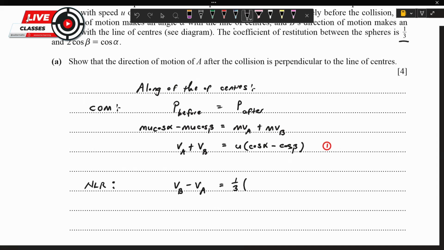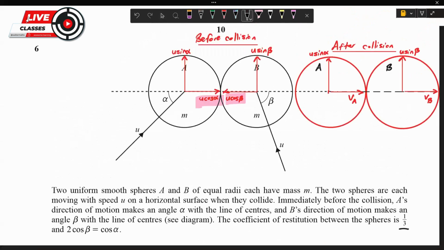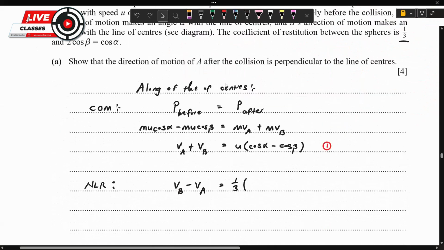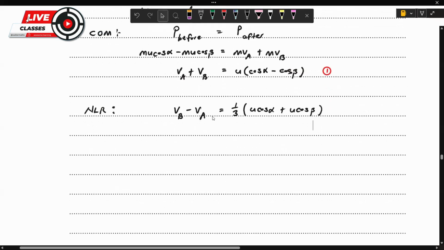So that's a third of U cos alpha minus negative U cos beta, so that'll be a plus: U cos alpha plus U cos beta. Now we can simplify this to VB minus VA is equal to a third, and I'll factor out U, so it's a third of U of cos alpha plus cos beta. Let's call this equation 2.